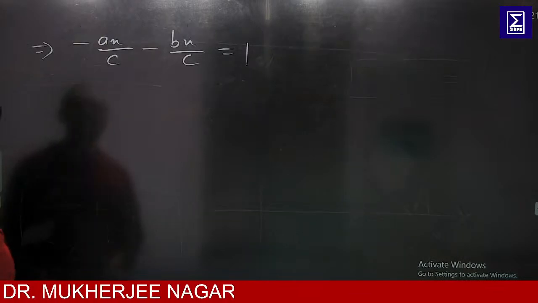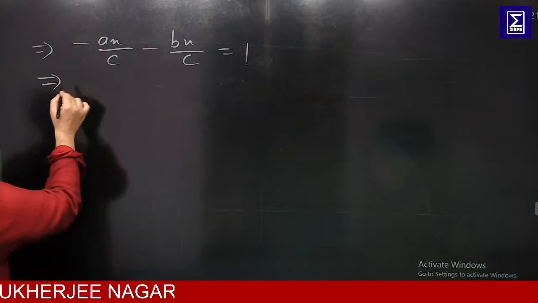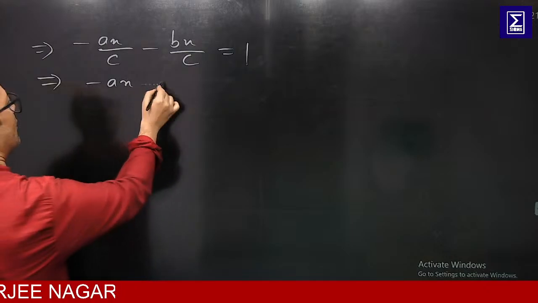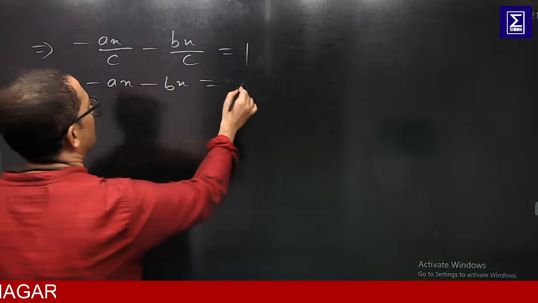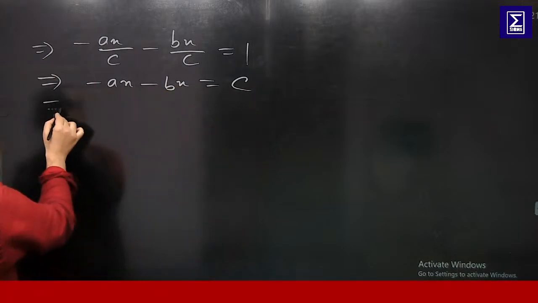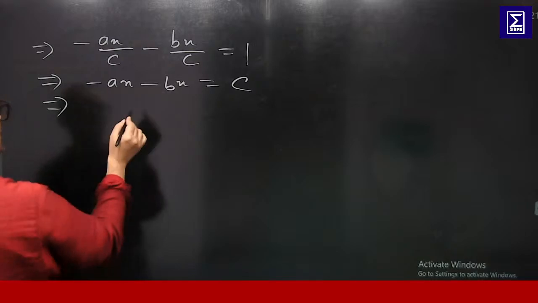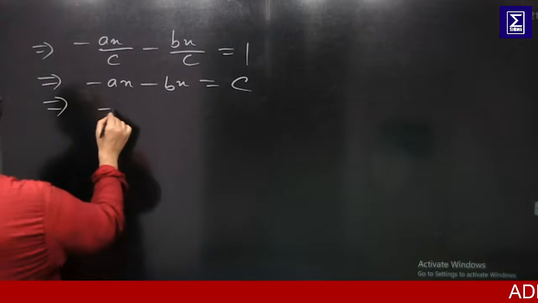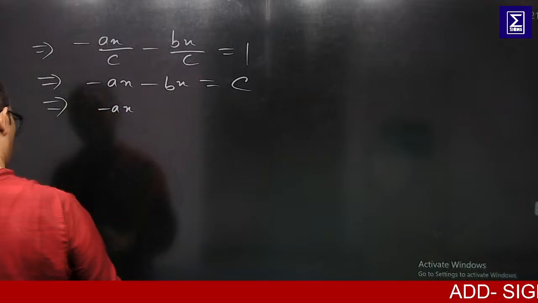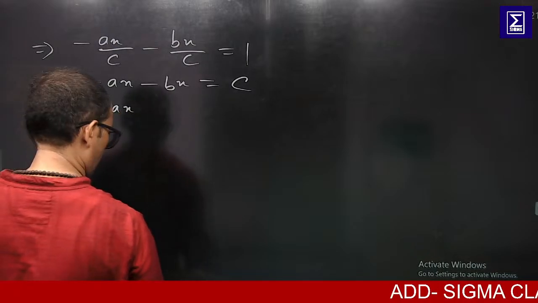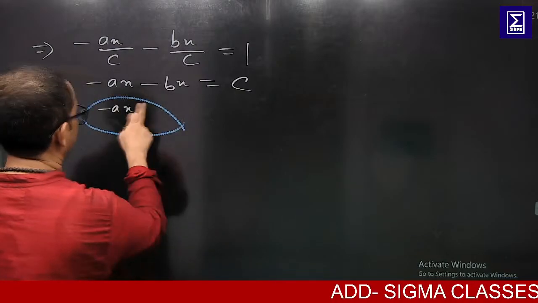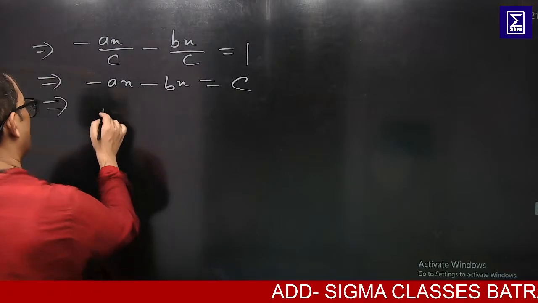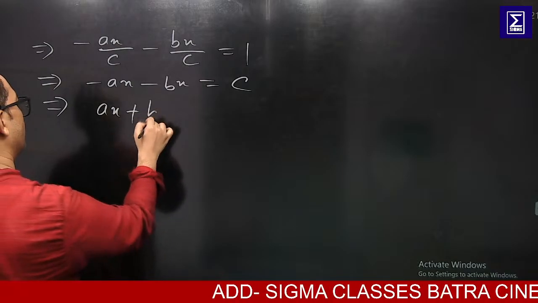So minus ax minus bx is equal to c. So minus ax, or it will go to that side, so it would simply be ax plus by.